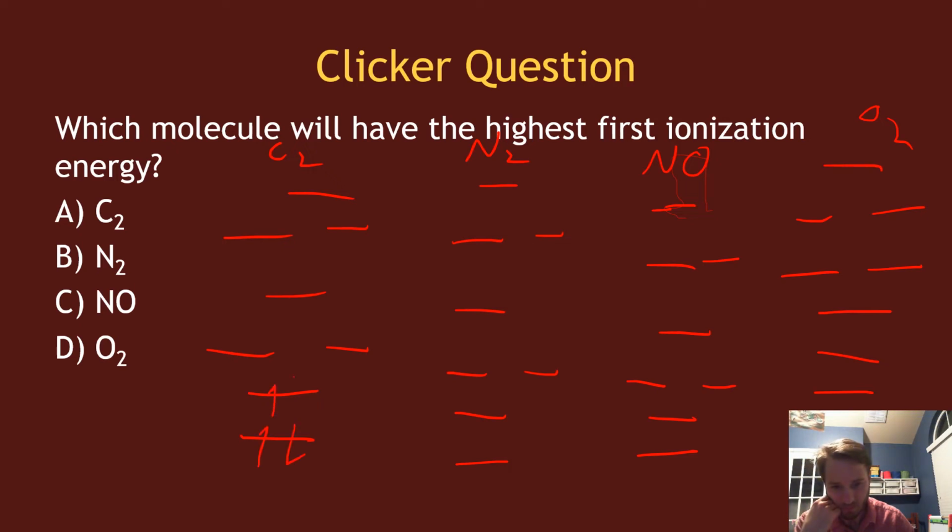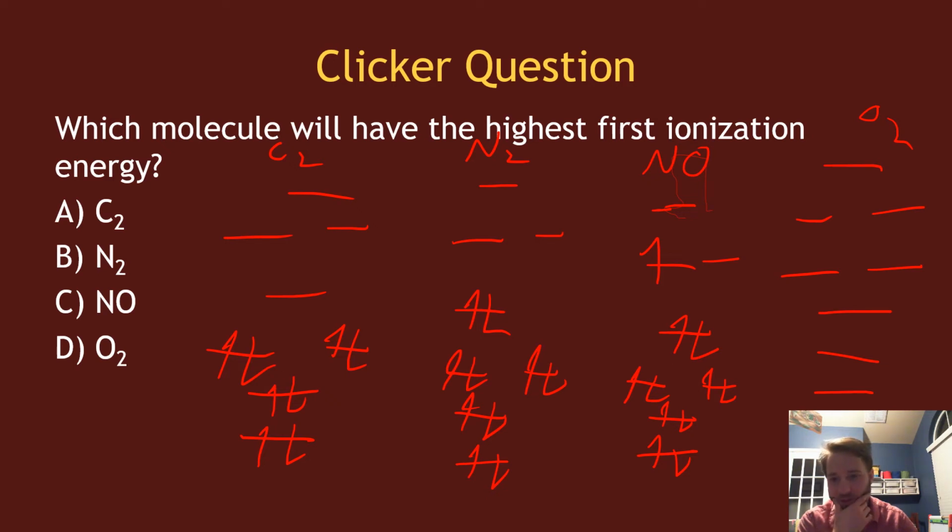N2, I've got 10. NO, I've got 11. And O2, I've got 12. So these are the molecular orbital diagrams for these 4 different diatomic molecules.